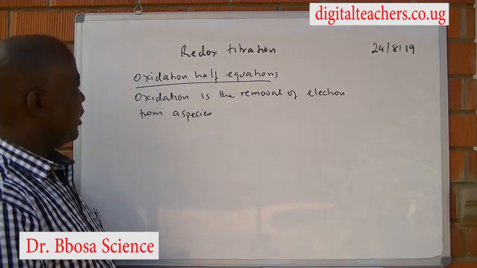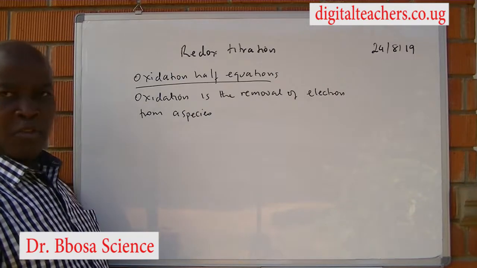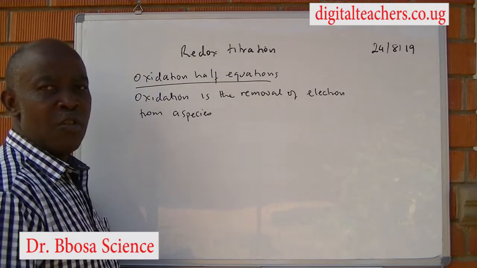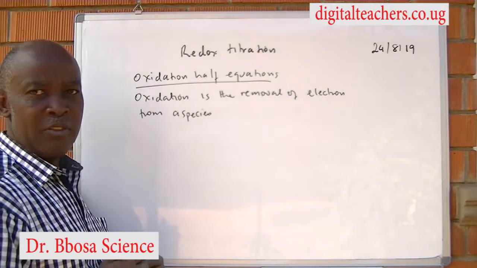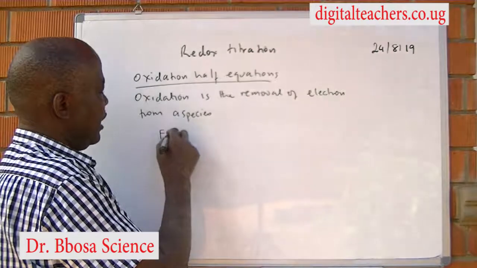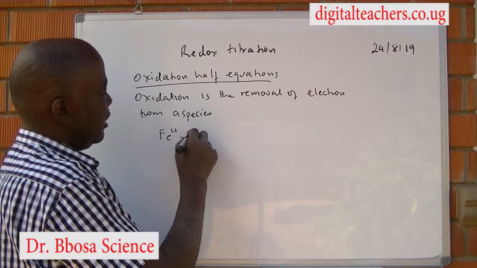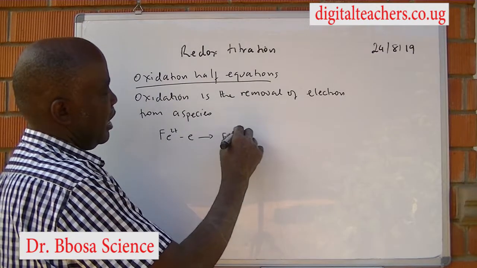Oxidation half equation. Oxidation is the removal of electron from a species. When you remove an electron from a species, it acquires a positive charge. Example is iron 2 plus minus an electron, you get iron 3 plus.